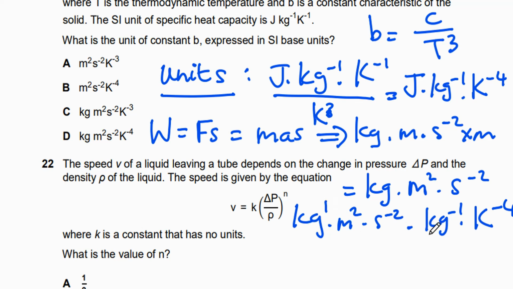We're multiplying the kgs so we can add the powers. 1 plus negative 1 is 0. So we're going to end up with kgs to the 0, which is 1. So essentially these will cancel. And we're left with meters squared per second squared per Kelvin to the 4. So K to the negative 4. We can compare what we have here with these options. And we see that the answer is B.